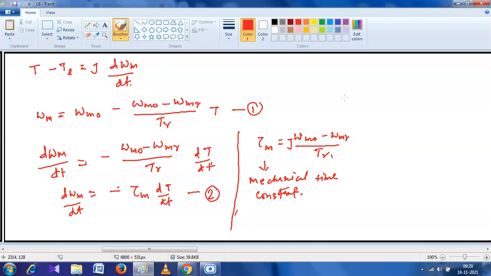And how do we get it? Oh, I have made a mistake here. Okay, I have to derive it again because I made a mistake. Suppose we omit this line.